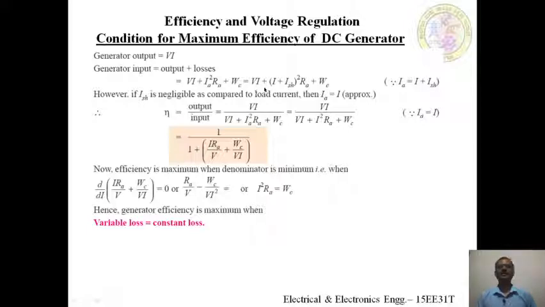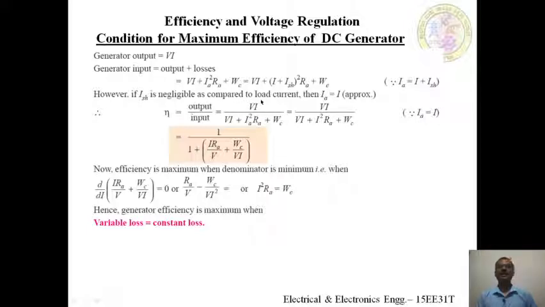So this equation can be written where Ia is I plus Ish. The equation becomes Vi over Vi plus (I plus Ish) whole square Ra plus Wc, because armature current is load current plus shunt field current.